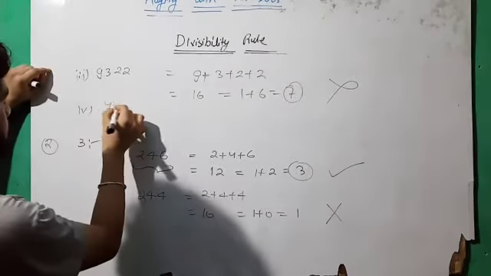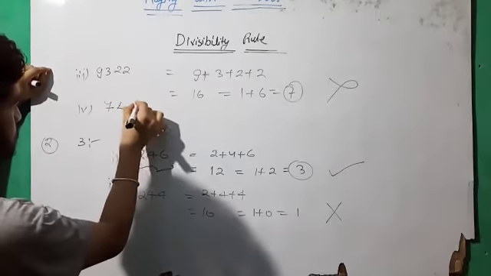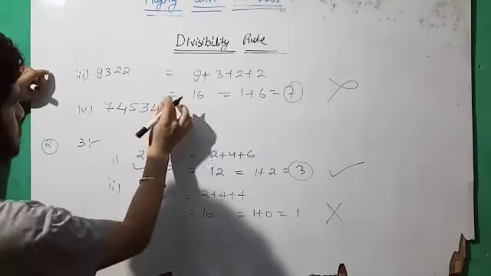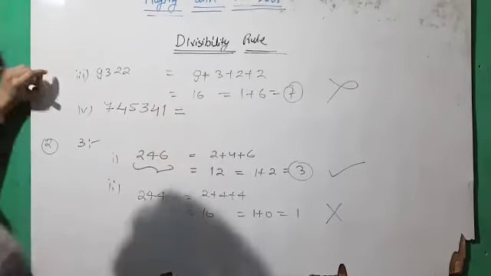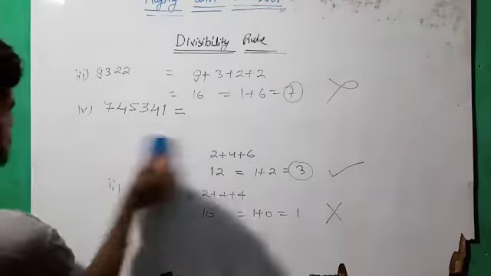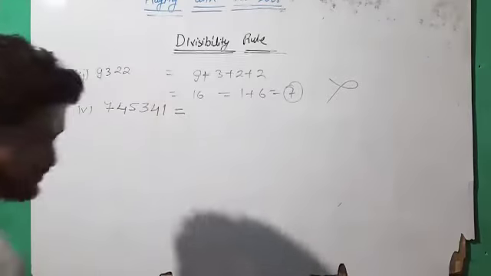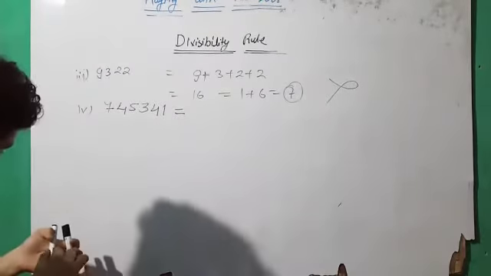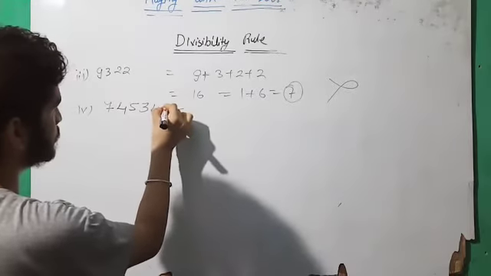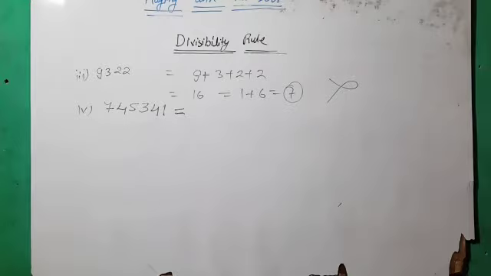One more example: 745341. You have to note down all these in your fair copy and exercise 5A in your homework copy, okay?